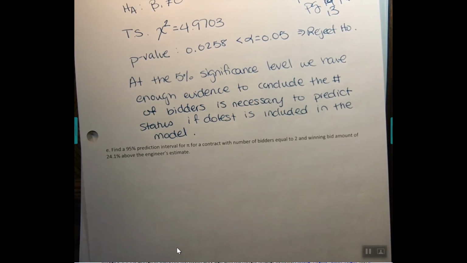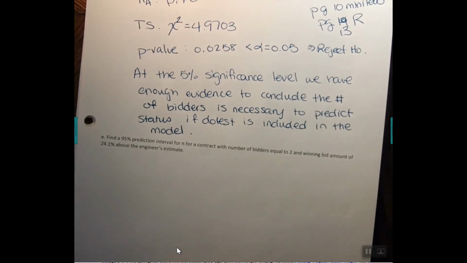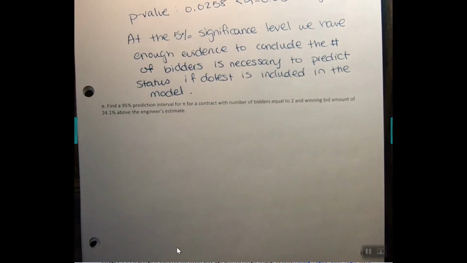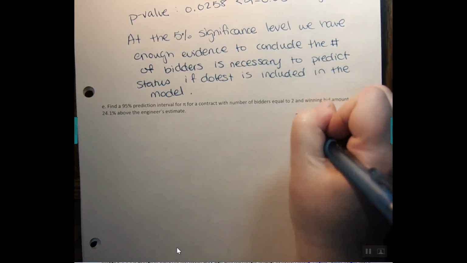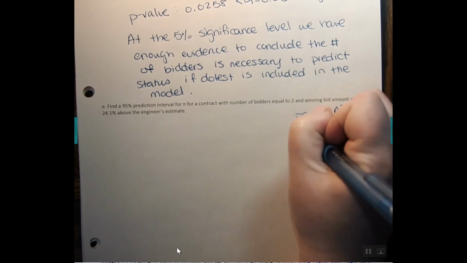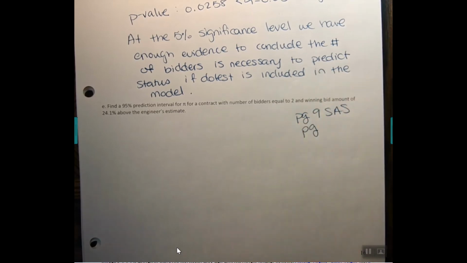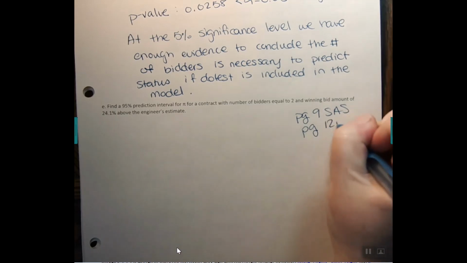All right, so the last thing we're going to do here is find a 95% prediction interval for pi for a contract with number of bidders equal to 2 and winning bid amount of 24.1% above the engineer's estimate. Again, we're going to go to our output, and remember we had output from both SAS and Minitab with prediction intervals. We're going to look at page 9 of SAS. You could also look at page 12 of the Minitab.